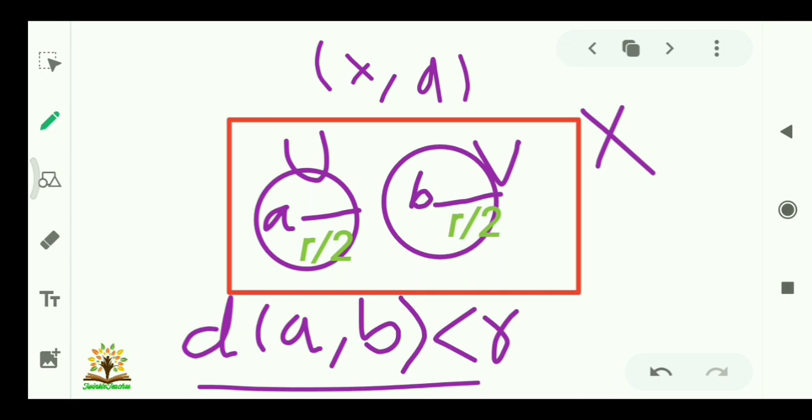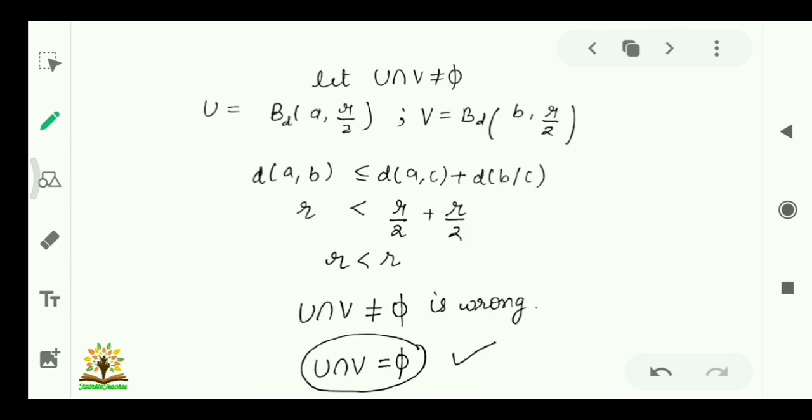Now we will check whether it follows the Hausdorffness property or not. We will prove it by the contradiction method. First, we will suppose that U intersection V is non-empty. U is the open ball with radius R by 2 and V is the open ball with radius R by 2.